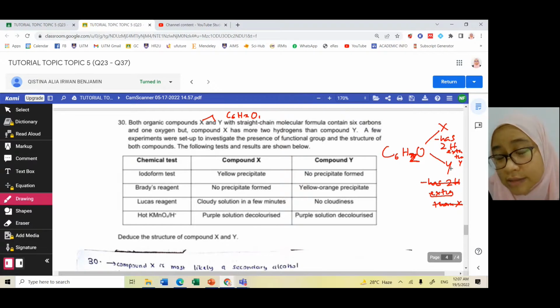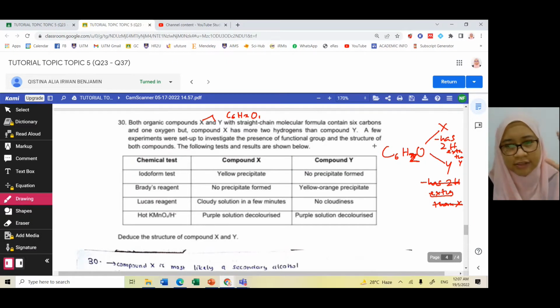So here we can already guess. Y is a carbonyl compound, whereas X is not a carbonyl compound. Most likely it is an alcohol, because it has one O too. What is a possible functional group that consists of 1 oxygen? One of it will be alcohol, having a hydroxyl group.